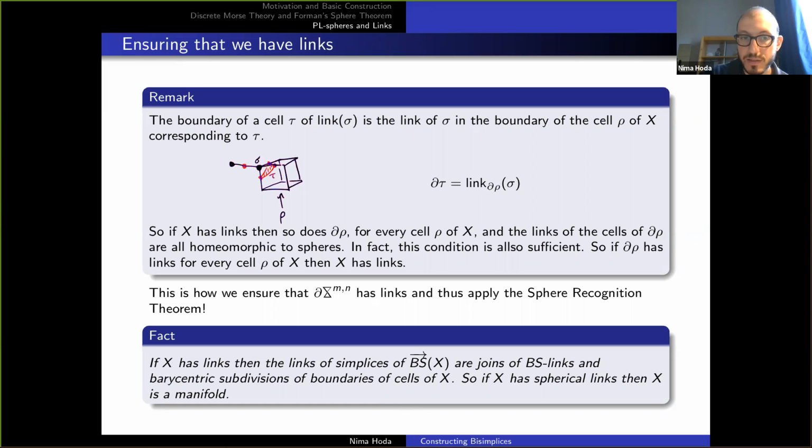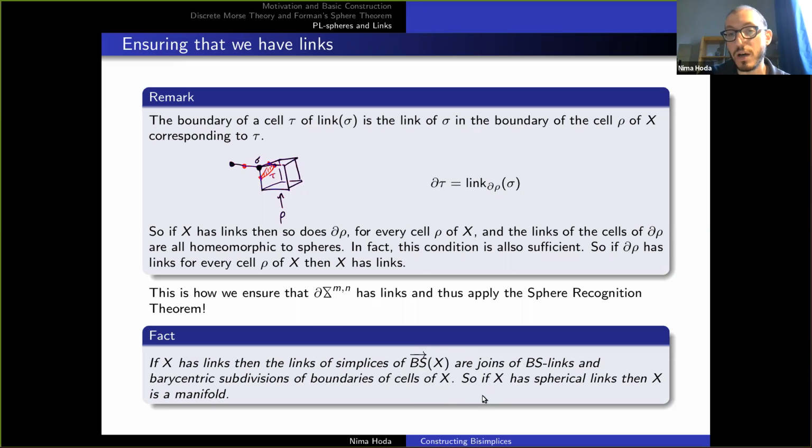It's a fact that if X has links, then the links of simplices of the barycentric subdivision are actually joins of BS links and of barycentric subdivisions of boundaries of cells of X. If all of those are spheres, and joins of spheres are spheres, then the links of cells of BS of X are all going to be spherical.